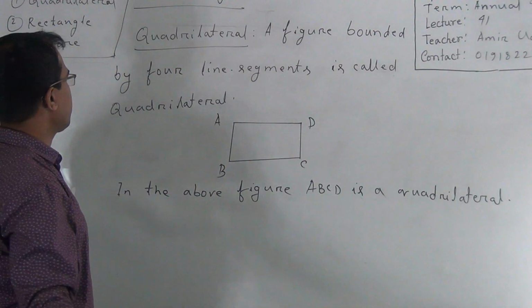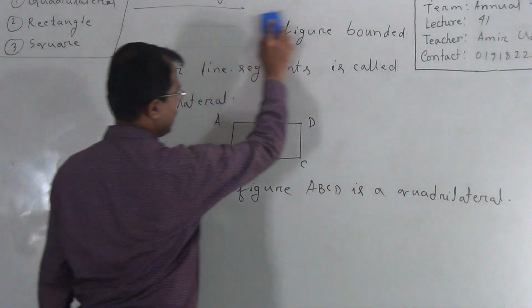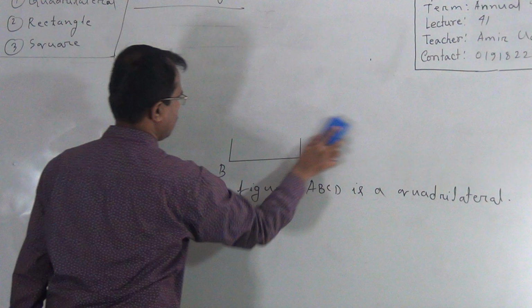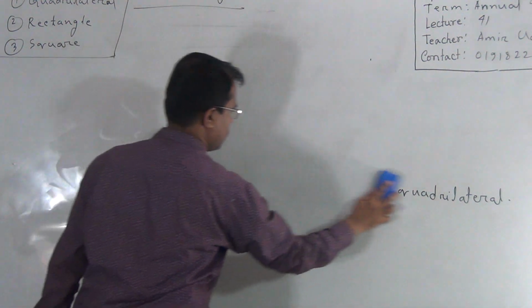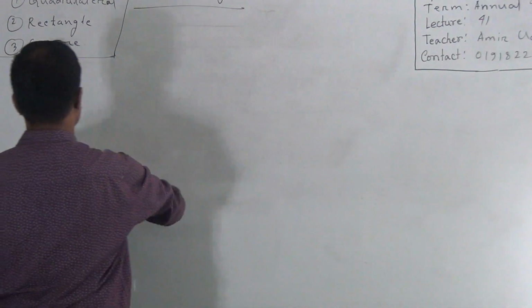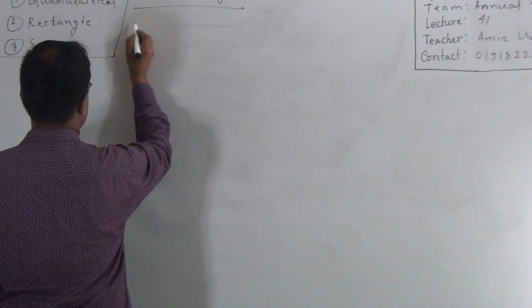Okay, now students, we will write the definition of a rectangle. Then we will draw a figure of rectangle. Rectangle is also a quadrilateral.